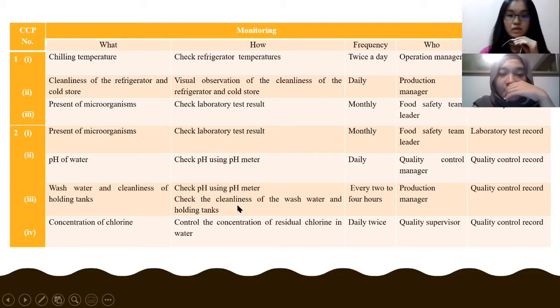So this will be done every 2 to 4 hours and the record will be kept in the quality control record. Then quality supervisor will monitor the concentration of chlorine in the water by controlling the concentration of residual chlorine in the water. So this will be done daily, twice, and the record will be kept into the quality control record.